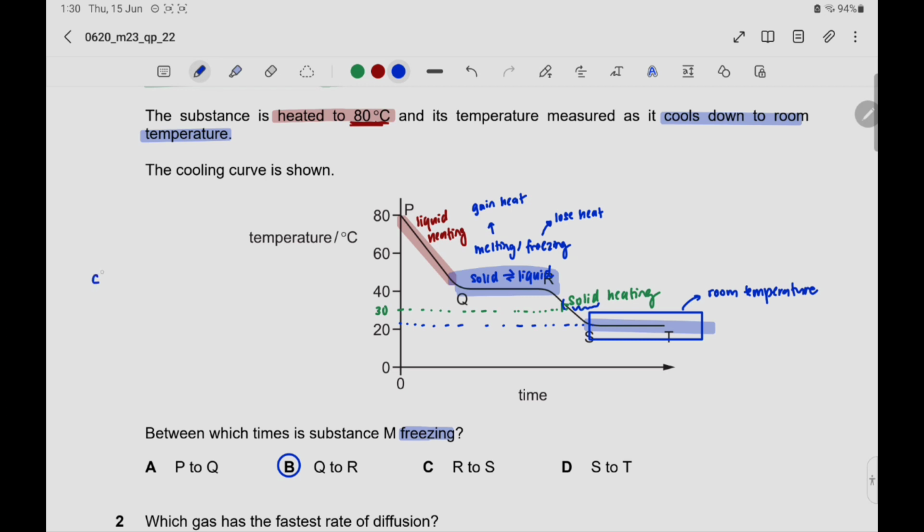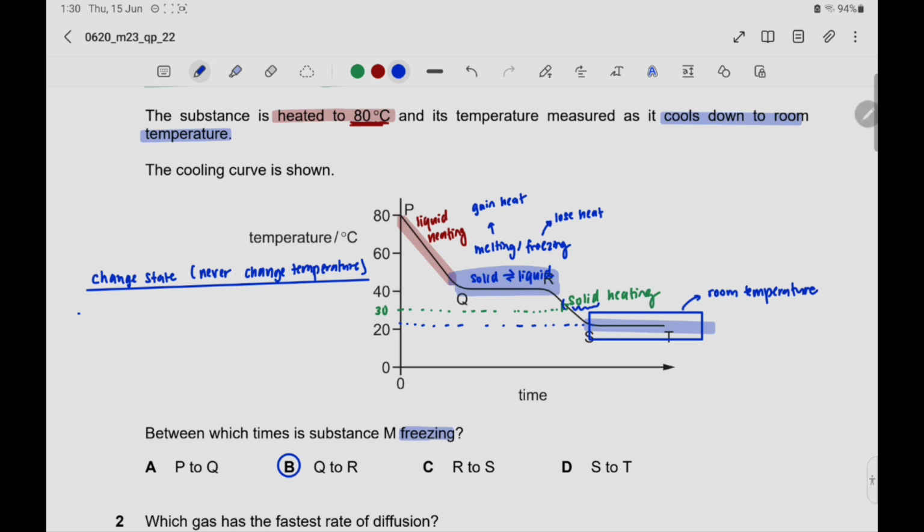Always keep in mind, when I am changing state, the temperature never increases or decreases. So if I never change the temperature, then why is this not the answer? It's because this is the room temperature. That's why it doesn't decrease further.